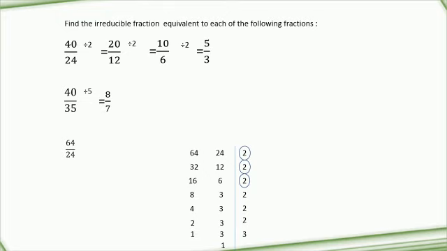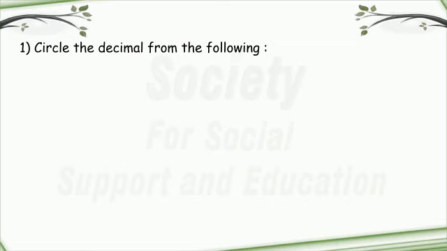Then we divide 3 by 3 to get 1. So the GCD is equal to 2 times 2 times 2, which is equal to 8. Then we divide 64 over 24 by 8 in one step, which is equal to 8 over 3, the irreducible fraction.